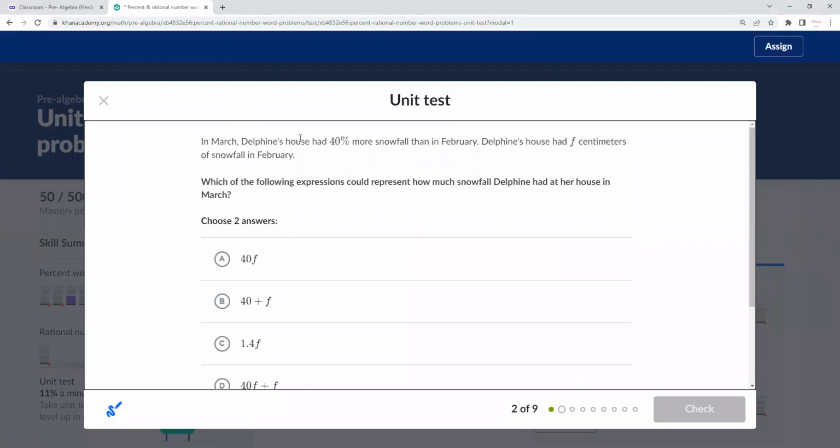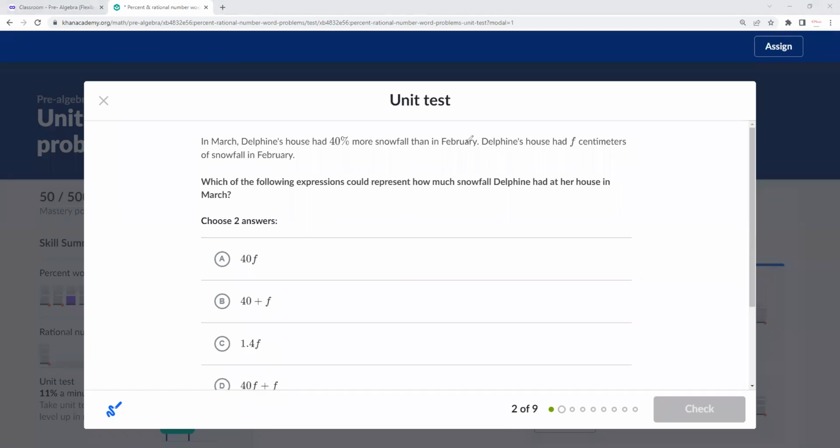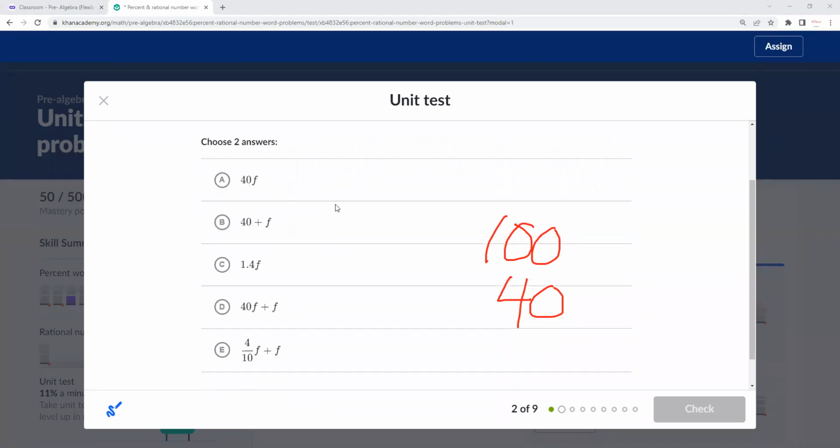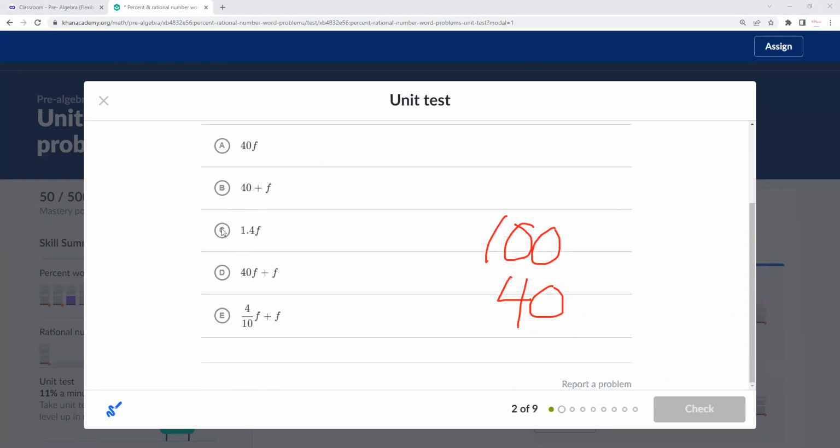Okay, in March, Delphine's house had 40% more snowfall than in February. So that means they had 100% of what they normally had and 40% more. Delphine's house had F centimeters of snowfall in February. Which of the following expressions could you use? Well, 1.4 is 140%.